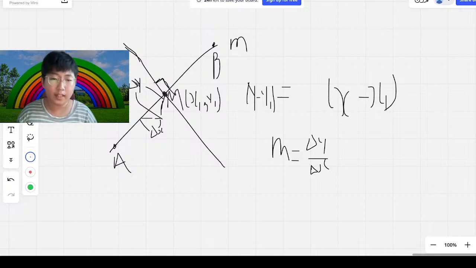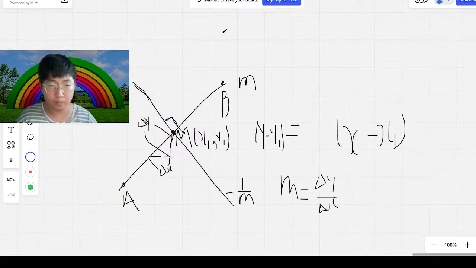And now we're given that this is perpendicular. What do we know about this? Well, it turns out that this line actually has a gradient of -1 over m, which means that this decreases. This is like going the opposite way, which is why we have the negative in the different gradient of m.